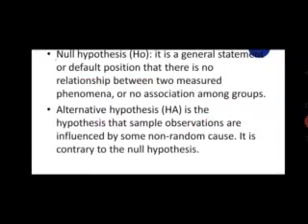Null hypothesis I have already explained. Null hypothesis is denoted by H0. It is a general statement or default position that there is no relationship between two measured phenomena or no association among groups.